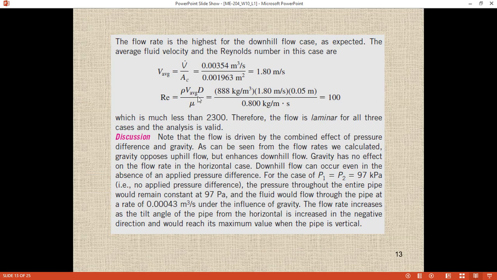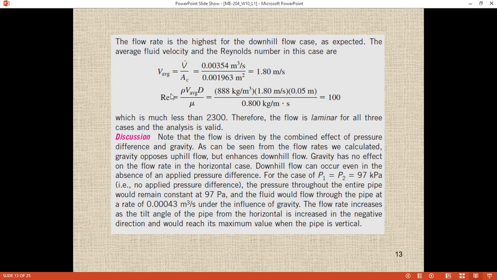All the other parameters are fluid properties or geometrical properties that are not varying; only the velocity varies. If the flow is laminar at higher velocity, then definitely the flow will be laminar at lower velocity. So we are going to deal with the higher case only.